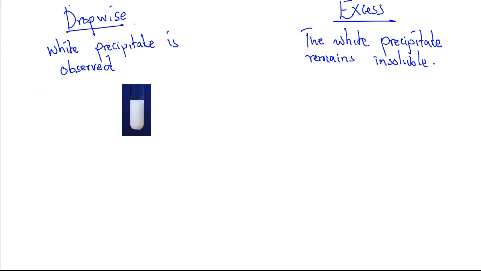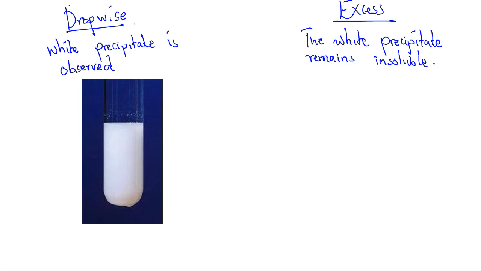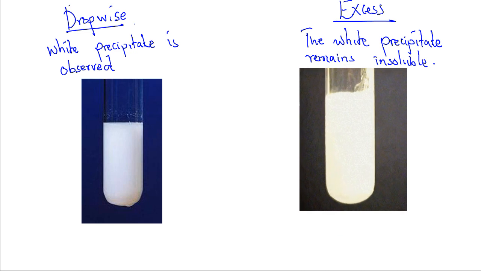So that is when you do the dropwise white precipitate, then excess of sodium hydroxide solution, we still have formation of a white precipitate which remains insoluble.